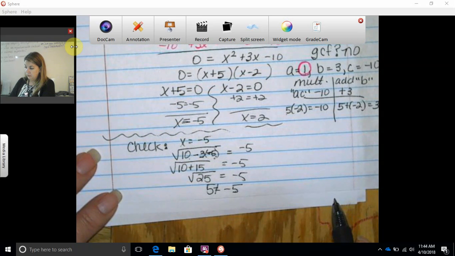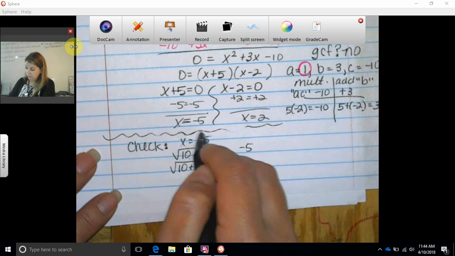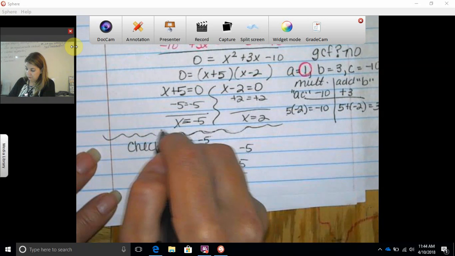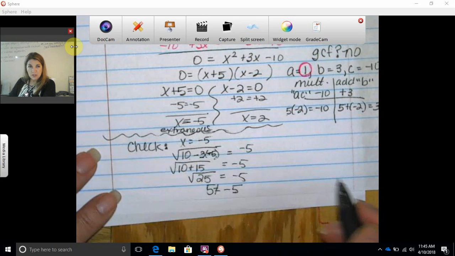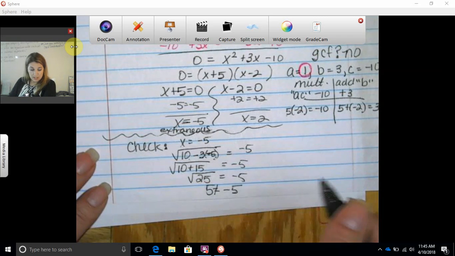Extraneous. So if you have an extraneous solution, that's not a solution. It doesn't work.